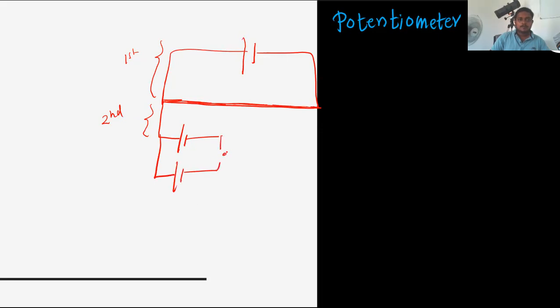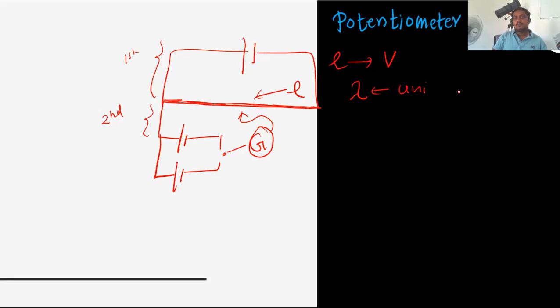So you have a galvanometer here. Potentiometer means that if the length is L and it gives total potential V, then we can get the potential per unit length.